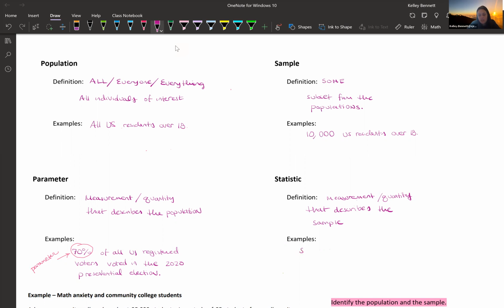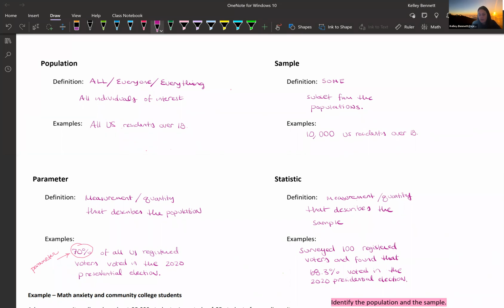So for example, if we surveyed 100 registered voters, we surveyed 100 registered voters and found that 68.3% of them voted in the 2020 presidential election.